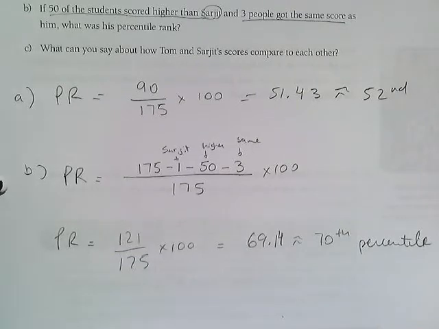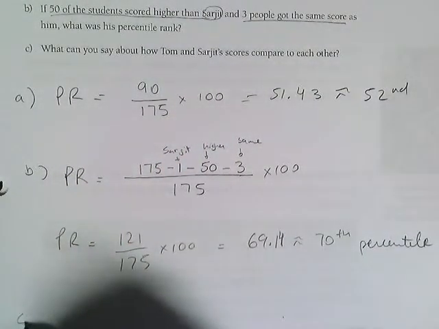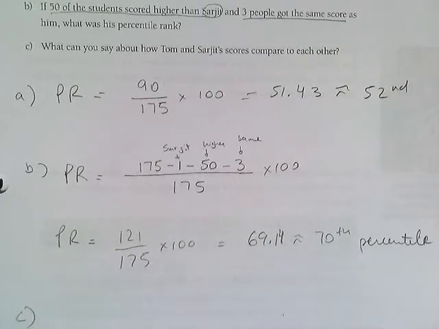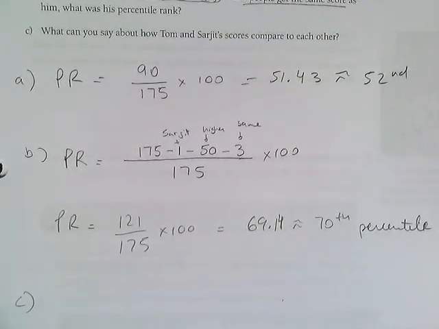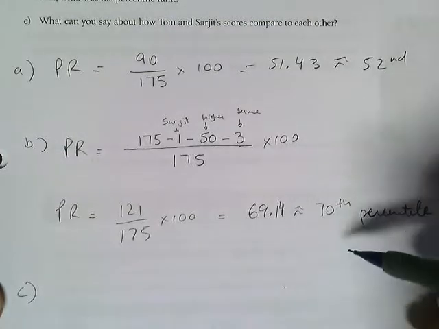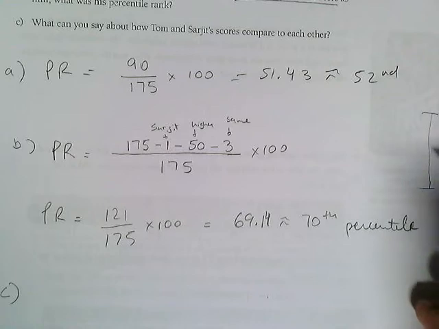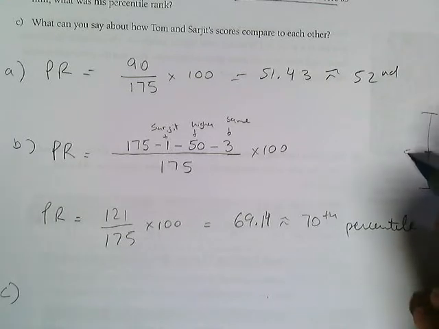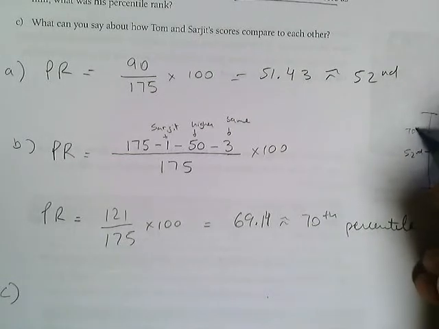Okay. What can you say about how Tom and Sarjeet's scores compared to one another? Okay, so here you have to look at their percentile ranks and just talk about it, right? So what you can say is that based on this, if you rank them from lowest to highest, 52nd would be right about here, just above 50. And 70th would be somewhere over here.